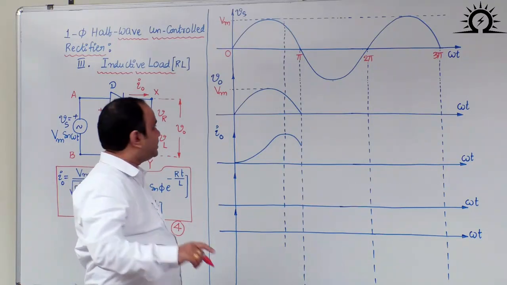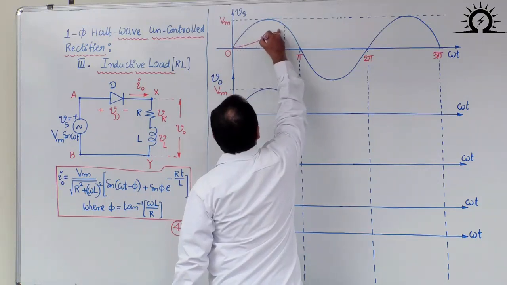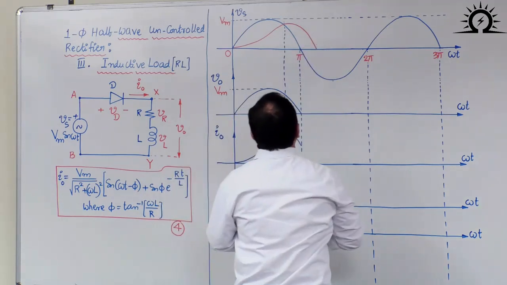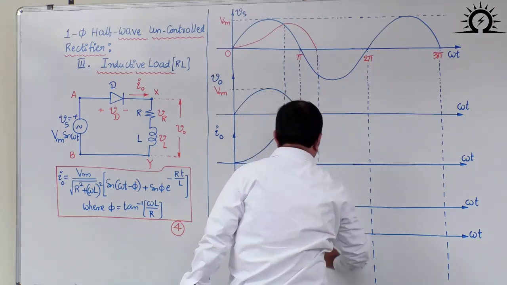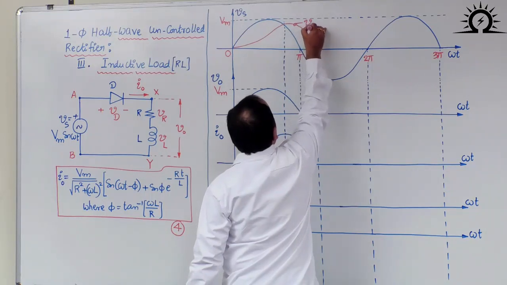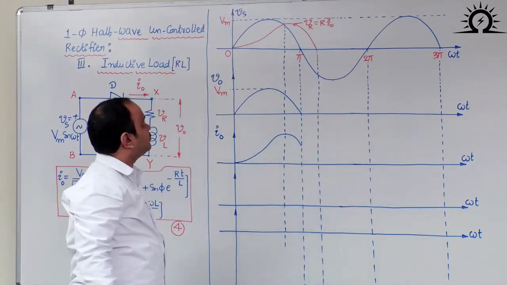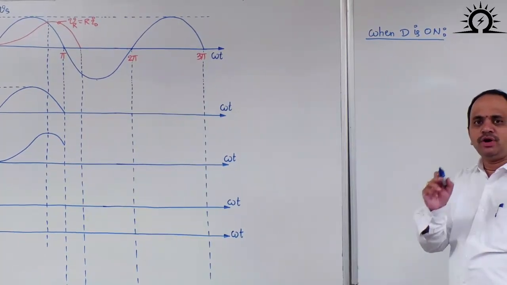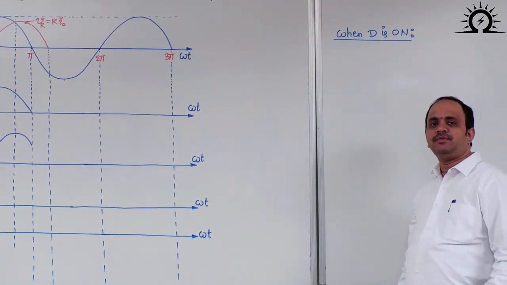In order to understand that, we need to draw the voltage across the resistor simultaneously. I will tell you the basic concept here. This particular waveform is the voltage across the resistor. Now I want to know where exactly this output current waveform will have its peak value.